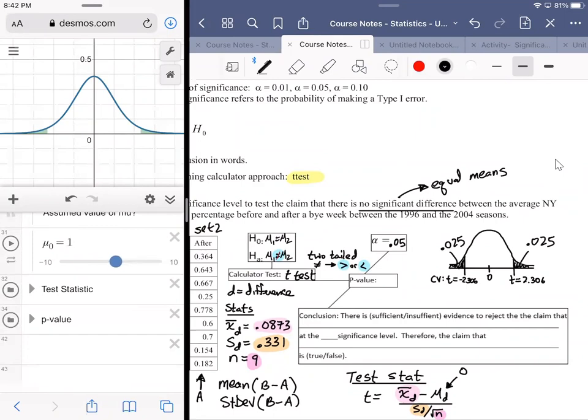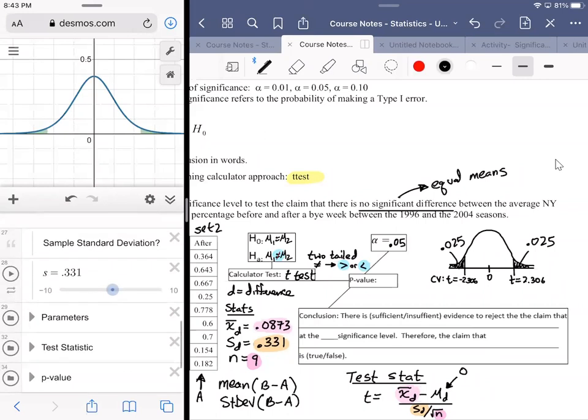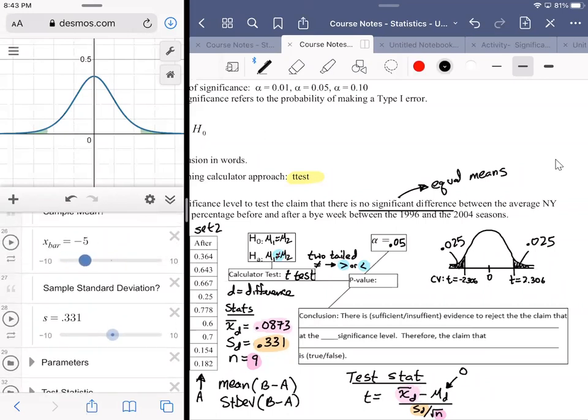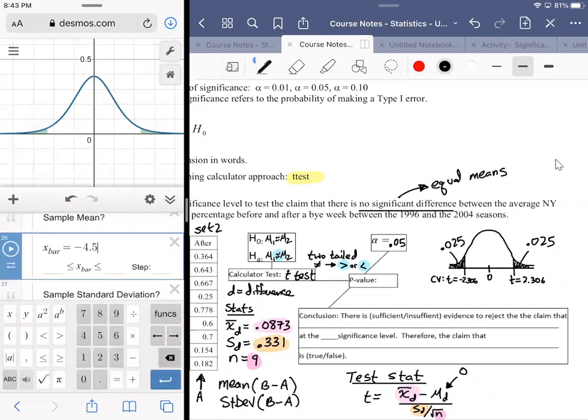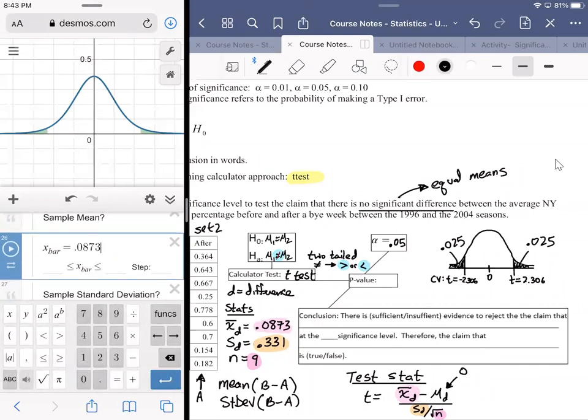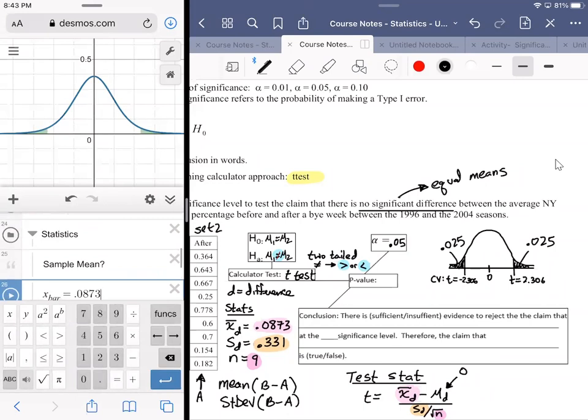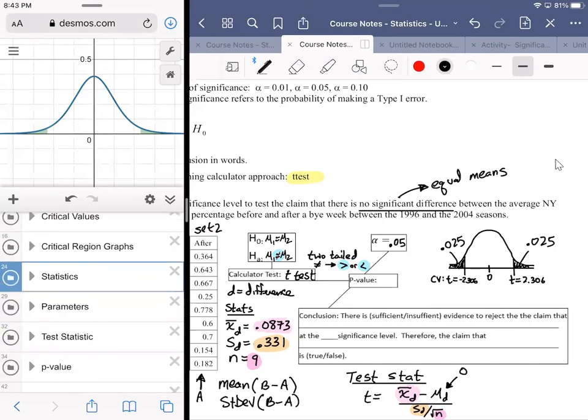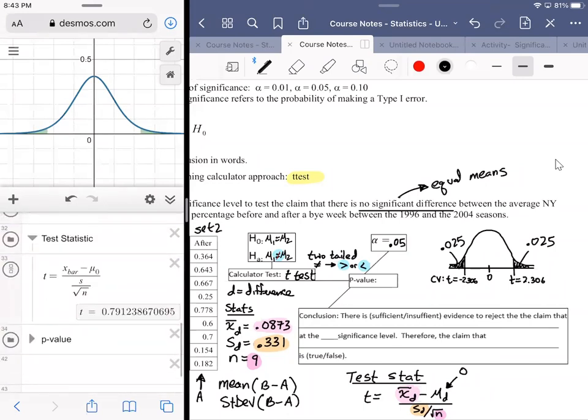Going the wrong way for whatever reason. So once I have those in and I'm comfortable with them, I moved it, and that's why I close up the folders, because it's very easy to slip and accidentally type over it. All right. So my test statistic should be, well, in this case, it's approximately 0.791.